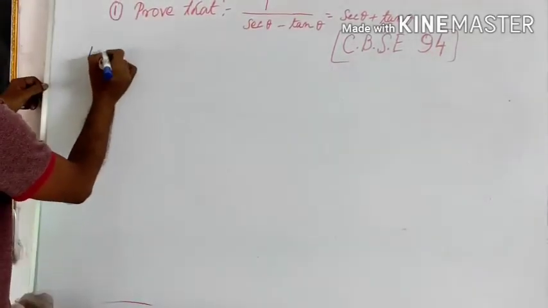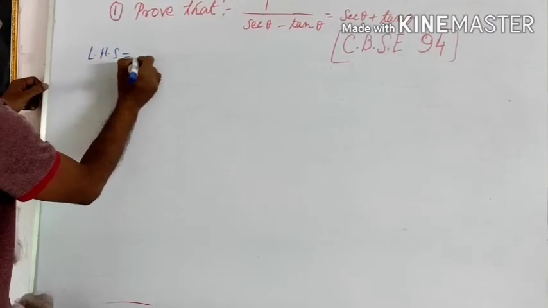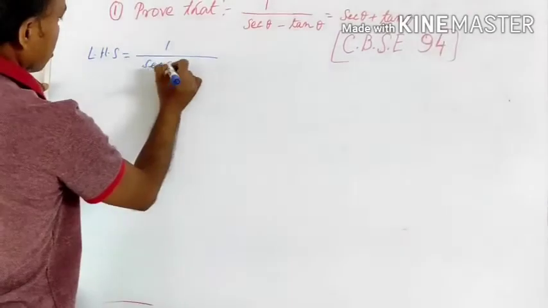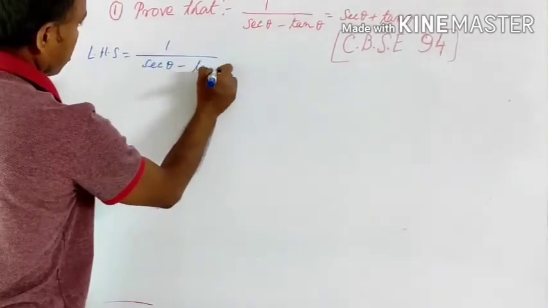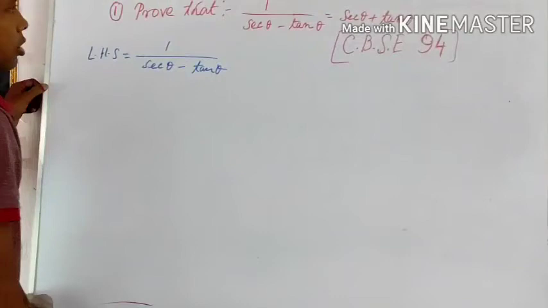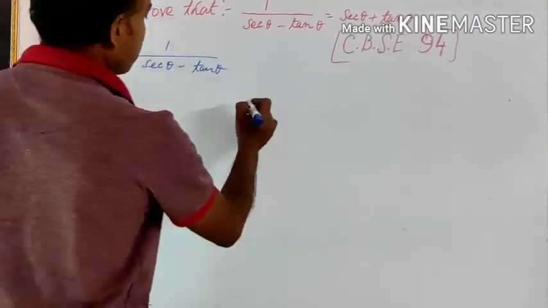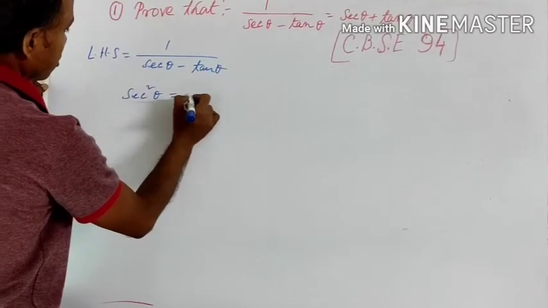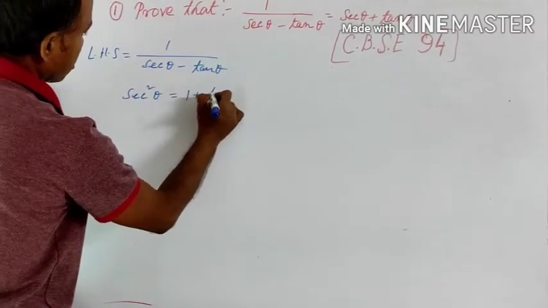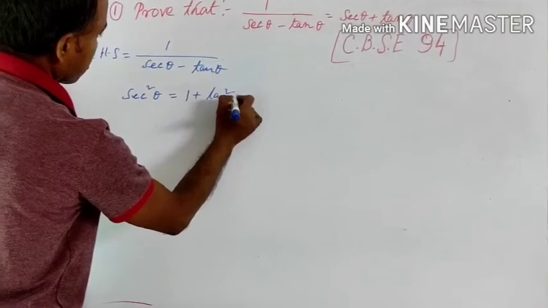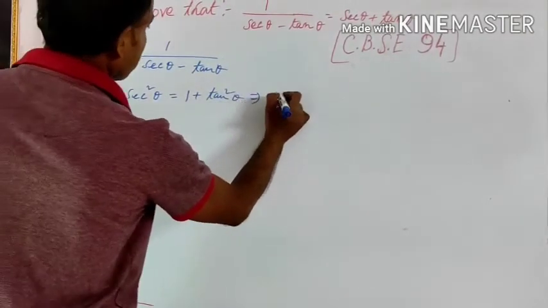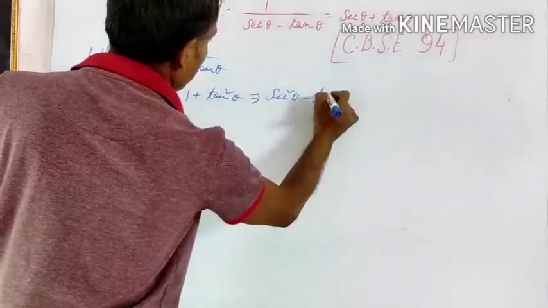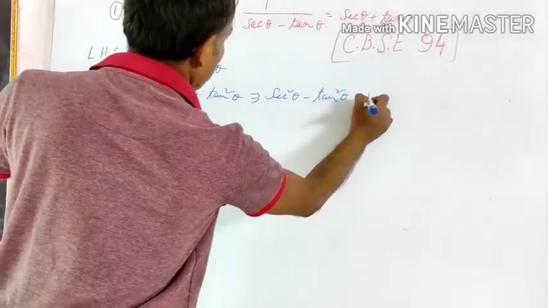Left hand side is equal to 1 by sec theta minus tan theta. We know that sec square theta is equal to 1 plus tan square theta, or sec square theta minus tan square theta is equal to 1.